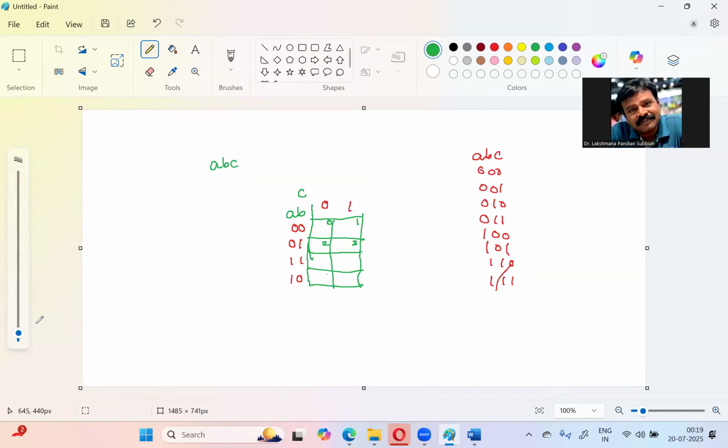Then this is 4, this is 5, this is 6, this is 7.